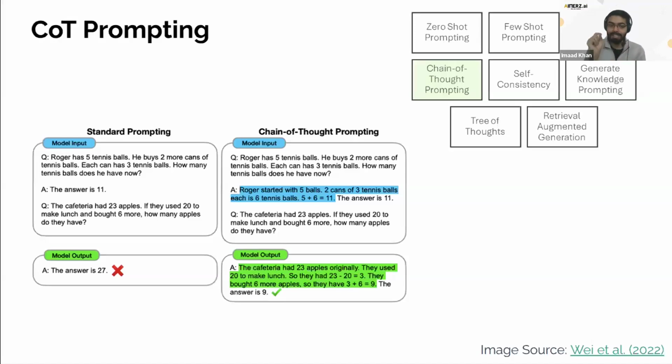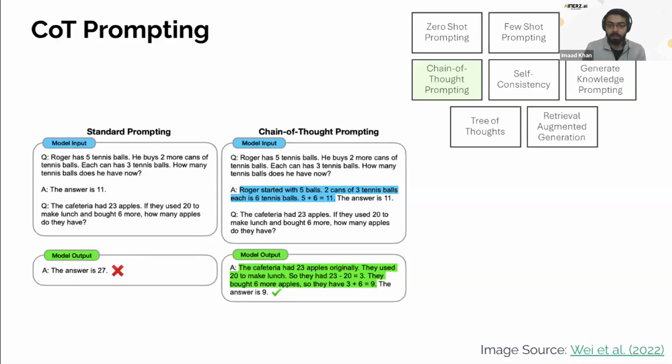But how can you make the LLM system get the mathematical calculation right? The way you do that is by chain of thought prompting, where you use the same examples, but you change the way you provide the answer to the example. The question is Roger has 5 tennis balls. He buys 2 more cans of tennis balls. Each can has 3 tennis balls. How many tennis balls does he have now?